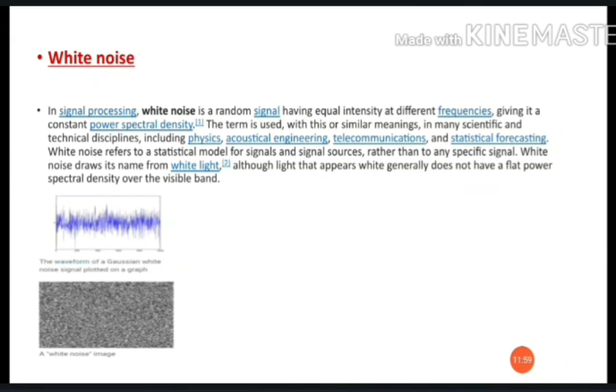The signal appearing on the television in that case is white noise. White noise is not the only kind of noise, there is also pink noise, but white noise is the most common.